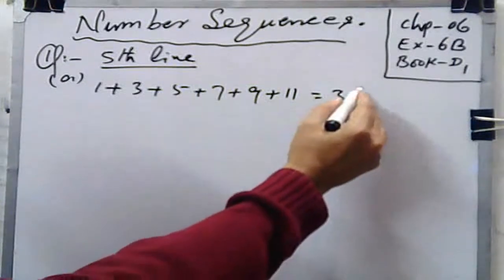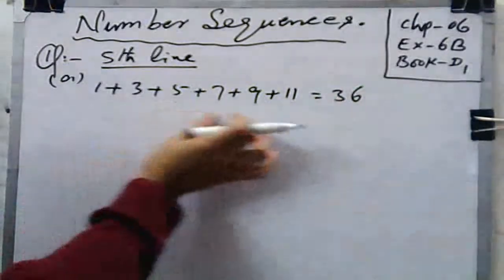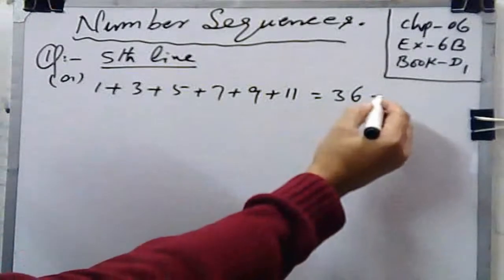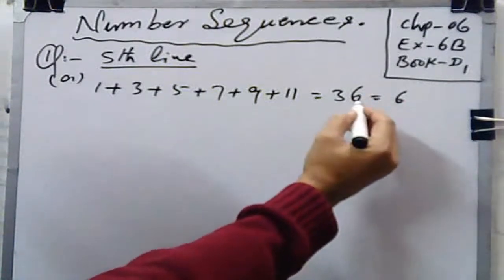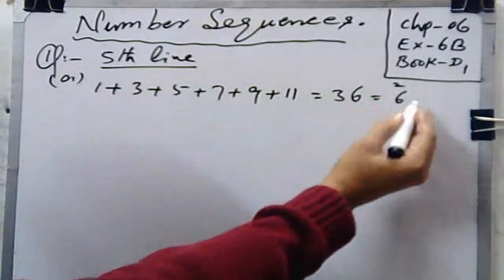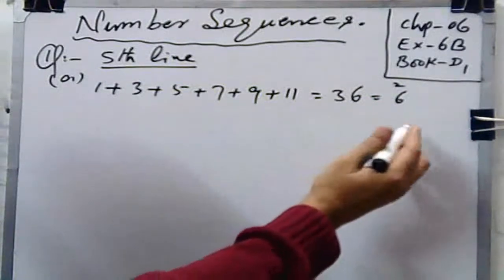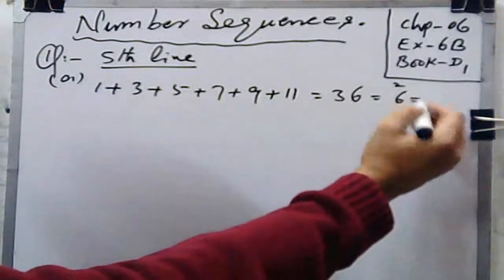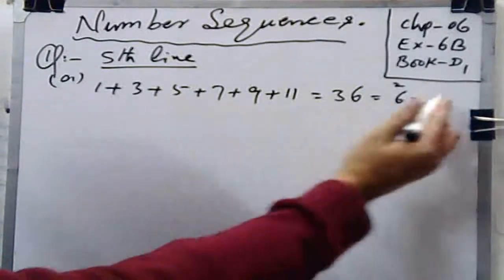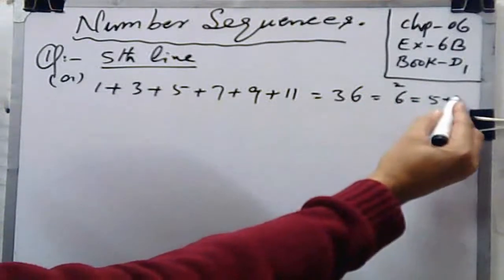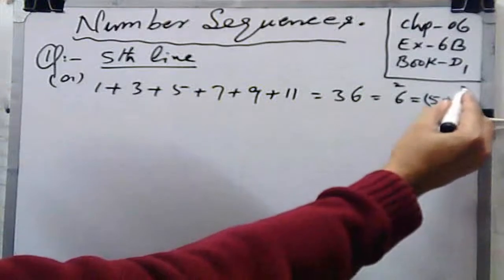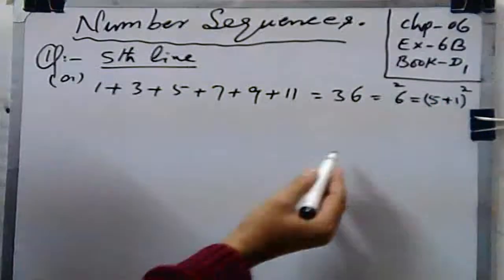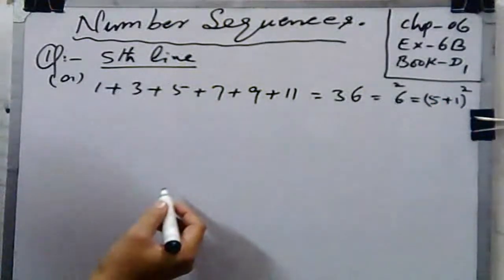After addition you will get 36. It is also given in your pattern. 36 can be written as 6 times 6 are 36, 6 power 2. Similarly, in the pattern you can see that if the fifth line is 5, then 5 plus 1, where 1 is constant, so that is your fifth term or fifth line.